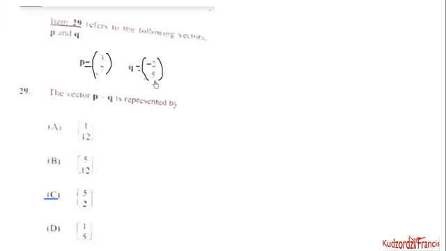We are supposed to find P minus Q. So P minus Q will be equal to 3 minus 2, 7 minus 5, and that will be equal to 5, 2. So it means the correct answer is C.